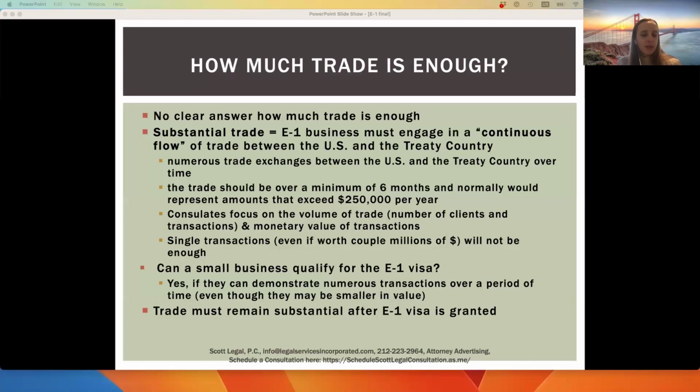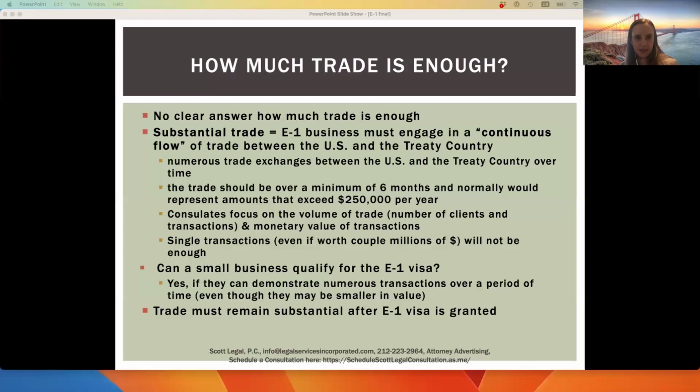So now, can a small business qualify for an E-1 visa? The answer is yes. It's explicitly said in the regulations that smaller businesses can qualify for an E-1 visa.